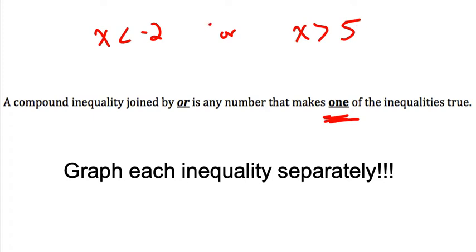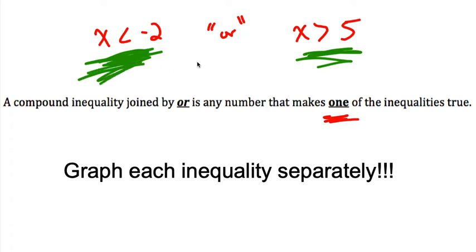So the word or here is important because there is no number that is both in this set of numbers, all the numbers less than negative 2, and this set of numbers. You can't give me a number that is both smaller than negative 2 and greater than positive 5. So that's why it's connected with or. It's either in this set over here or it's in this set. Okay, so it's important that we know what's happening.